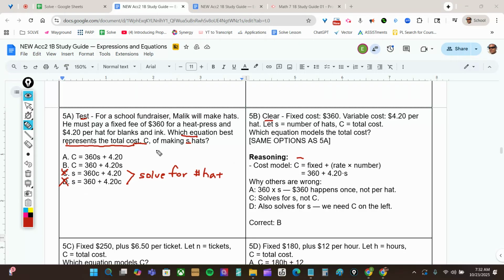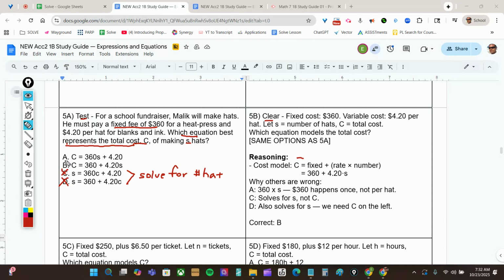Then if you just look at this, it's like a reading question. It's not even really a math question. It says Malik will make hats with a fixed fee. The fixed fee means it doesn't change. Nothing changes it. It's set in stone. It's concrete.